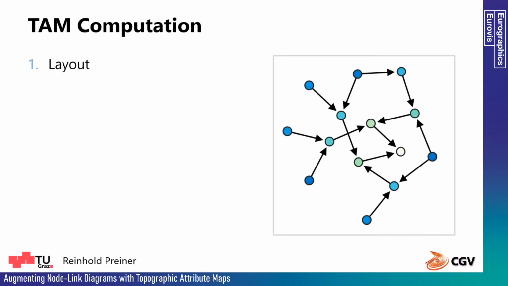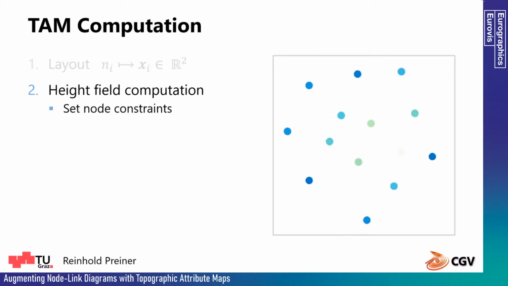In the first step, we obviously need to define a layout for our node link diagram. That formally just means that we need to define an embedding that maps each node to a point in the 2D display domain. In the second step, we compute a height field that interpolates these attribute values at the node positions. In practice, we store this height field in a raster image of a certain resolution that encompasses the bounding box of the graph, and this height field is first initialized by rasterizing the node attribute values to this image.